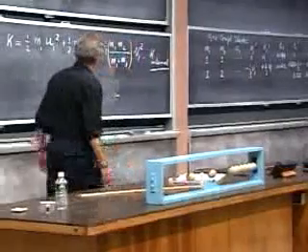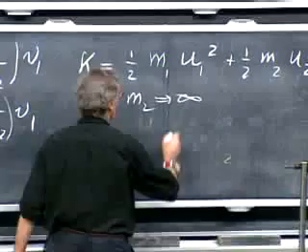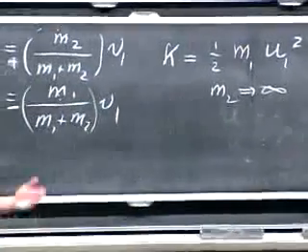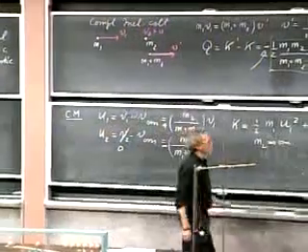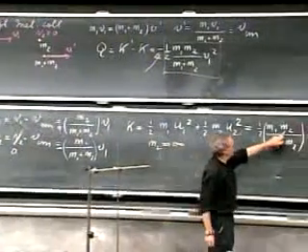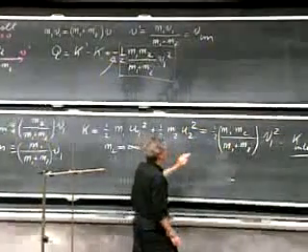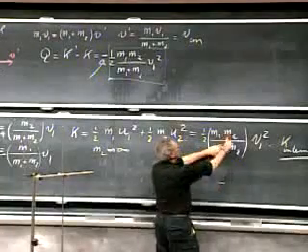We can take a very special case, and we can take M2 going to infinity. It's like having a piece of putty which I slam on the wall. It gets stuck. And what is the maximum heat that you can produce? That's all the energy there is. If M2 becomes infinitely high, then M1 can be ignored. M2 cancels M2.